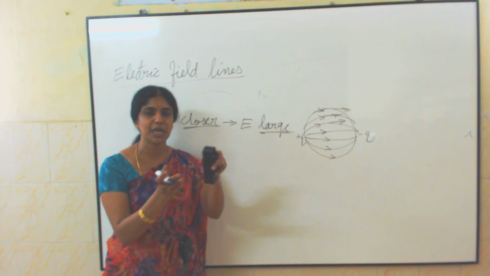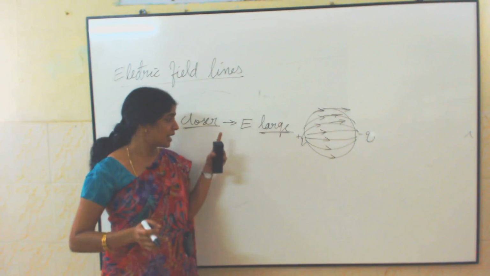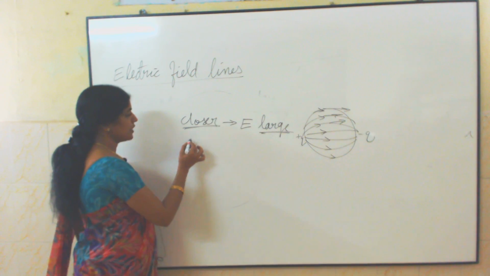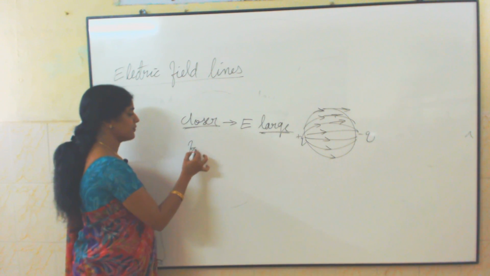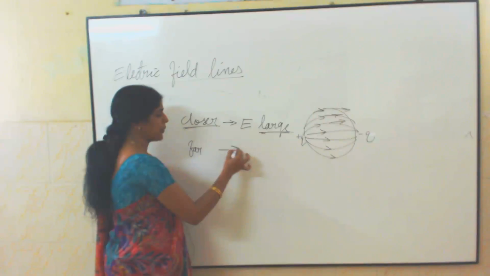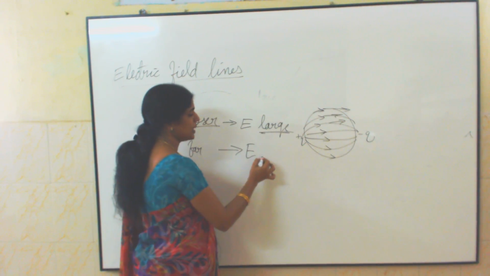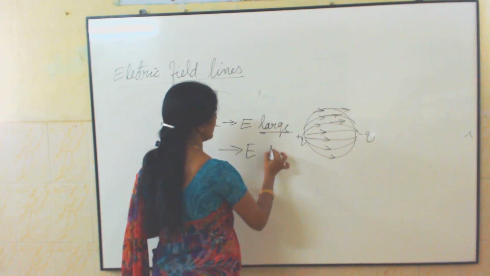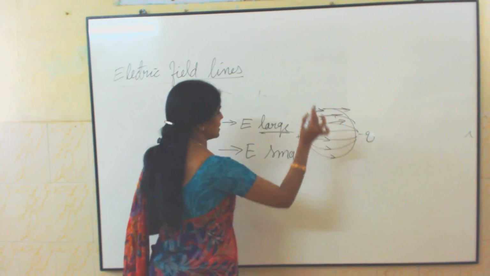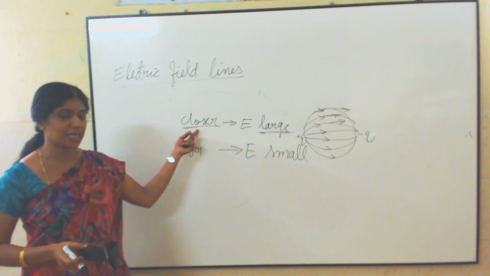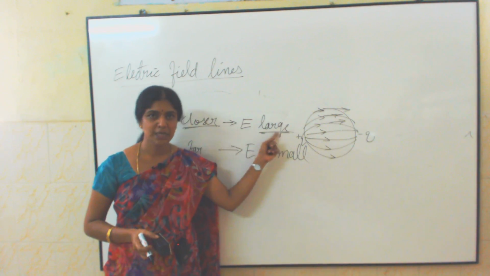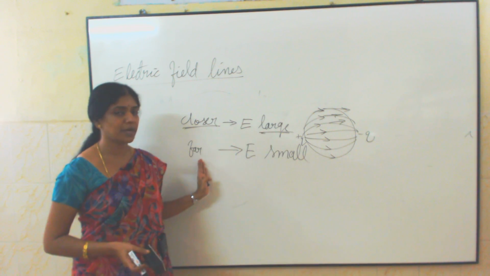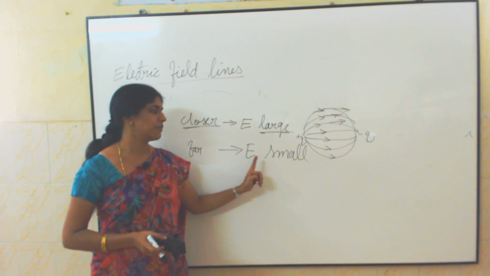In the same way, if the electric lines of force are far away from each other, at that point the electric field will be small. So it may be large or small, depending upon the electric lines of force. If the lines are closer, the electric field is large. If they are far away from each other, the electric field is small at that point.